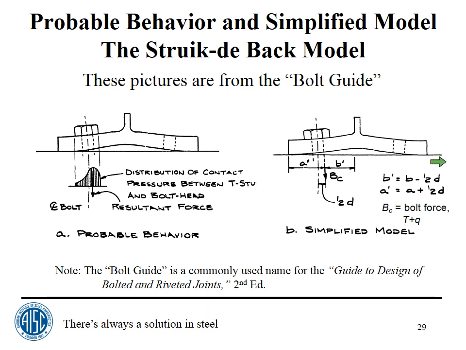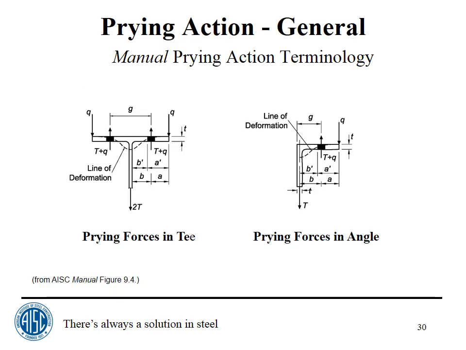D is the bolt diameter, not the hole diameter. Why not the hole diameter? Because the original researchers used the bolt diameter, but it probably doesn't make a lot of difference. Anyway, this is the AISC manual, Part 9. Notation is very similar to what you saw in the previous slides.